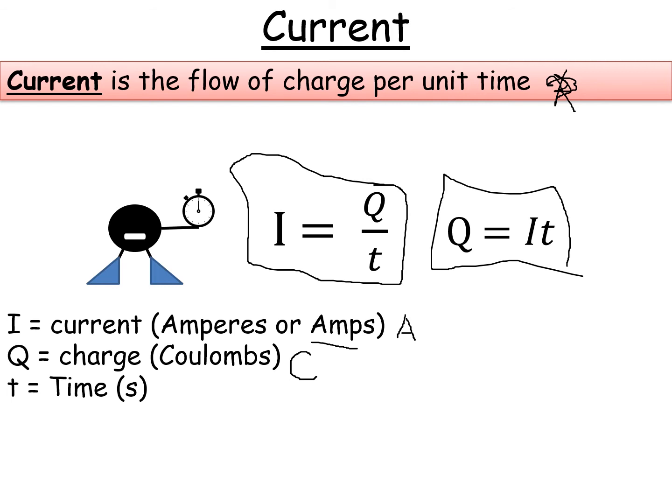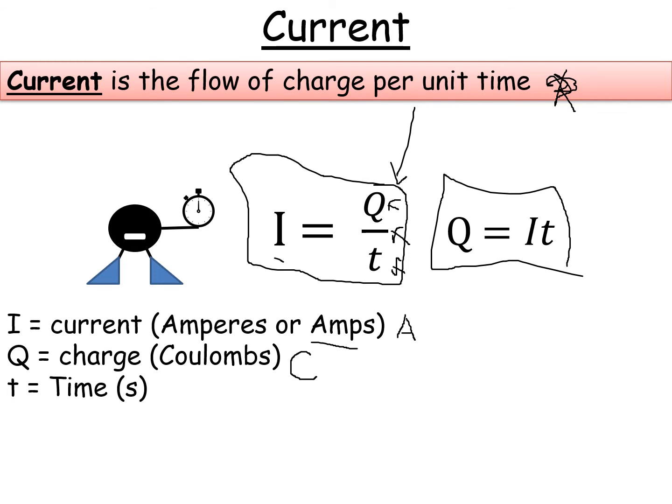Now, if we look at the equation, this is quite interesting because we've got Q divided by T. And so that's really another way of saying charge, which is Q, and the line means per second or per unit time. So can you see how the word equation links with the actual maths equation?